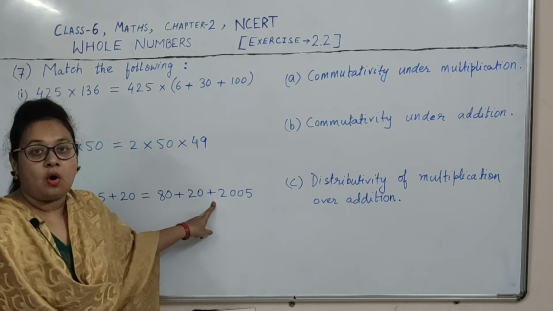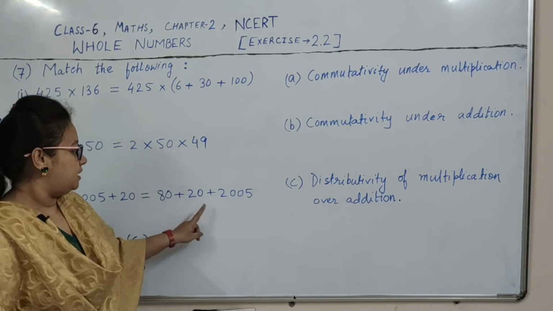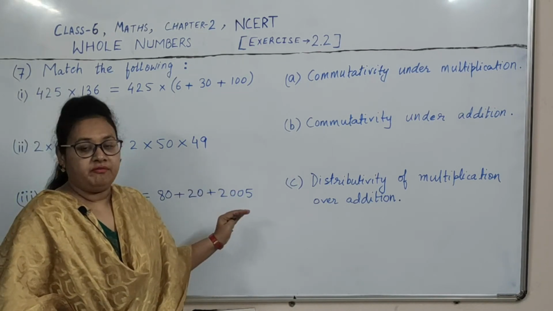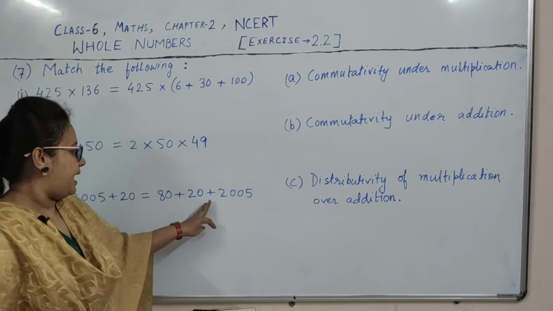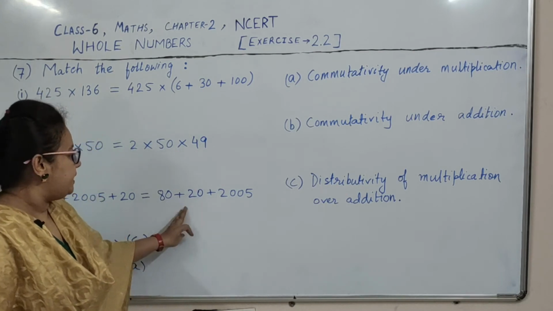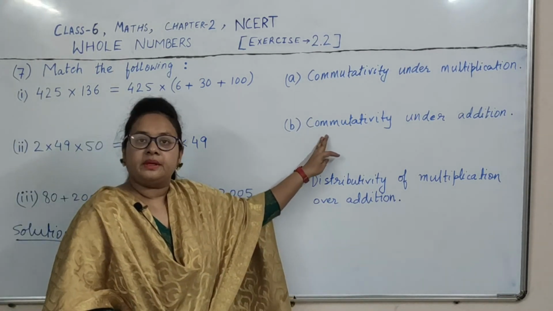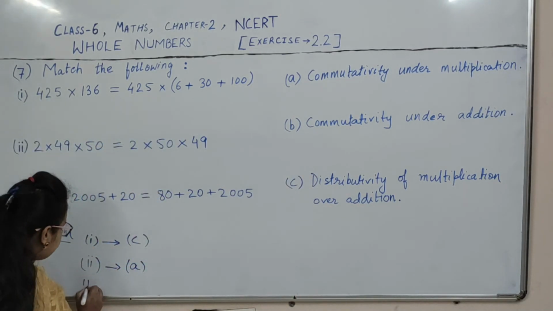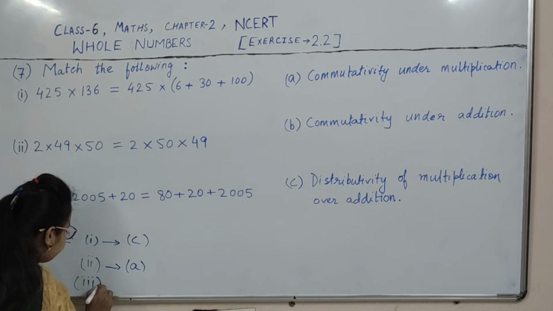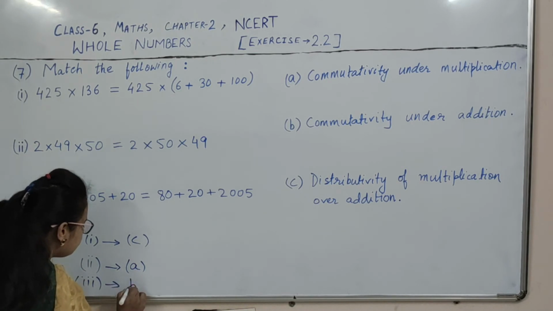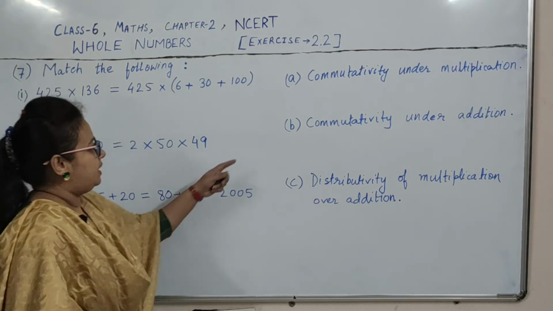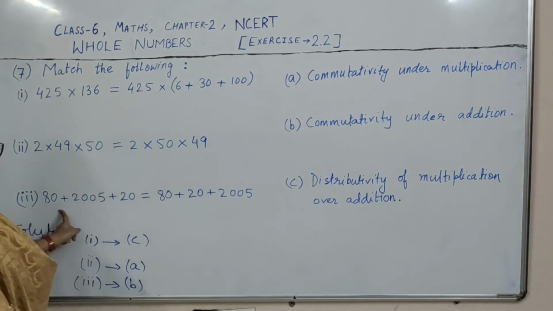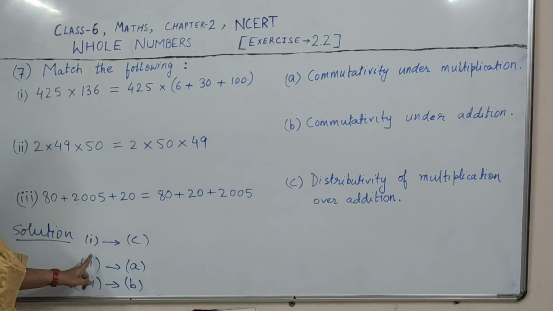This interchanging of numbers is known as the commutative property, and since it is applied in addition of numbers, it is commutativity under addition. So in the third calculation, the property written in B is used. So, understood this one?